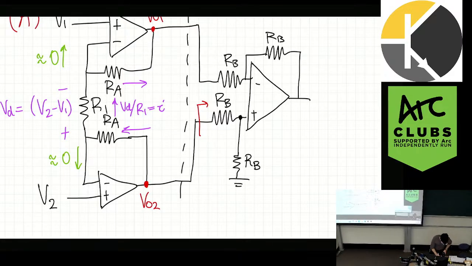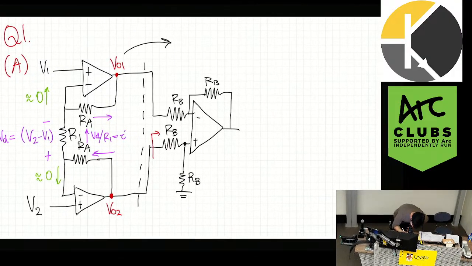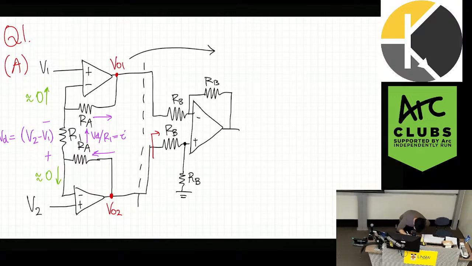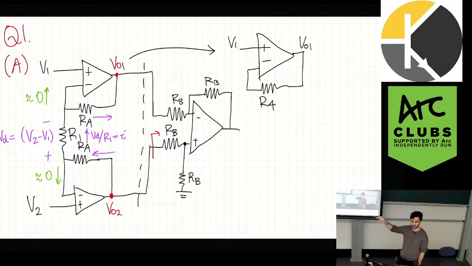So if I look at the first op-amp for a second, with plus, minus, V1, R4, Vout1. Can I find what Vout1 is if I know what the current through R4 is? What could I do? Yeah, exactly.